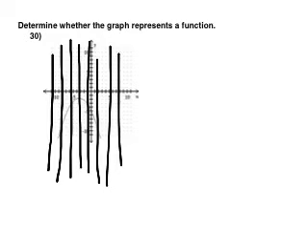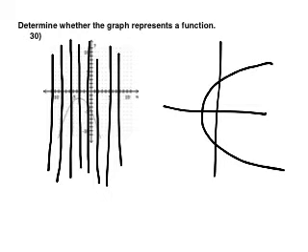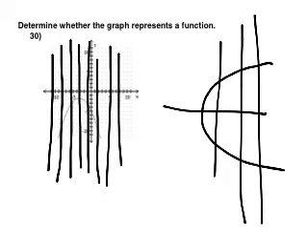They'll only cut through it once. If they cut through it twice, it wouldn't be a function. For instance, a function like this, well, those vertical lines go through it twice, right? So that's not a function.